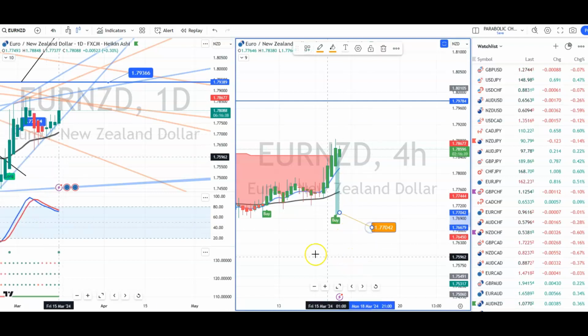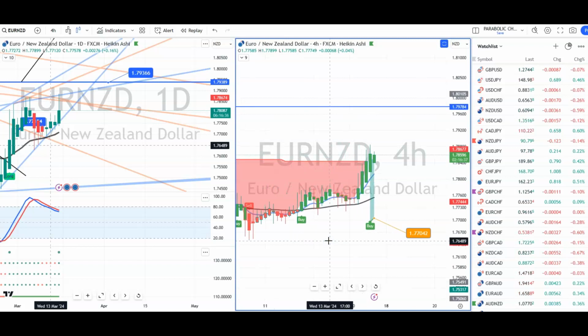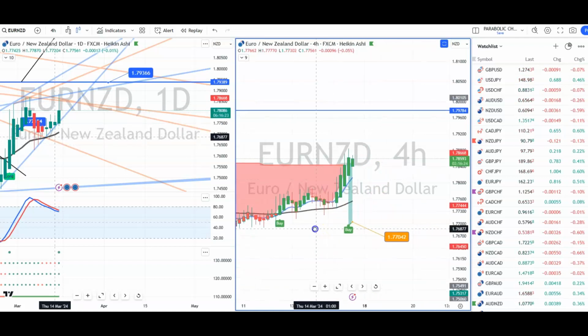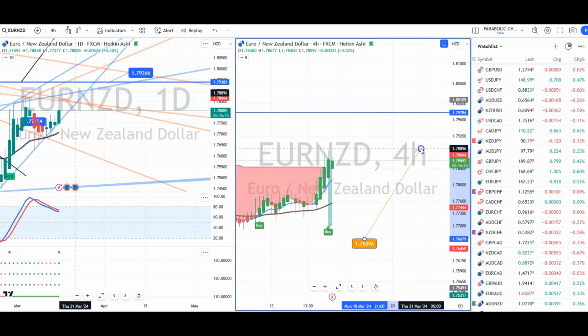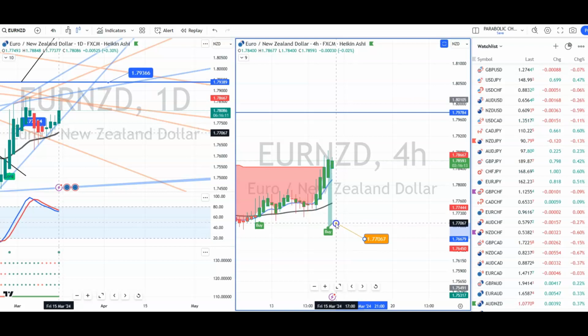Now it is a mile away, and there is a reason for that, because it's way beyond the average true range, and the chance of you being stopped out at this stage is almost zero. That's how it works. But what will happen the next few days, early next week, the price may go sideways, but the actual trailing stop will move and start to get to break even quite quickly.